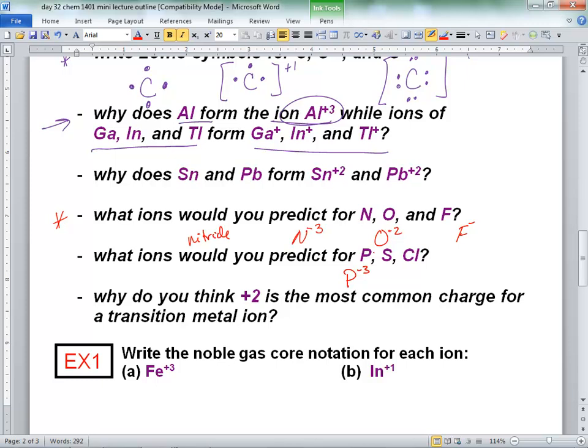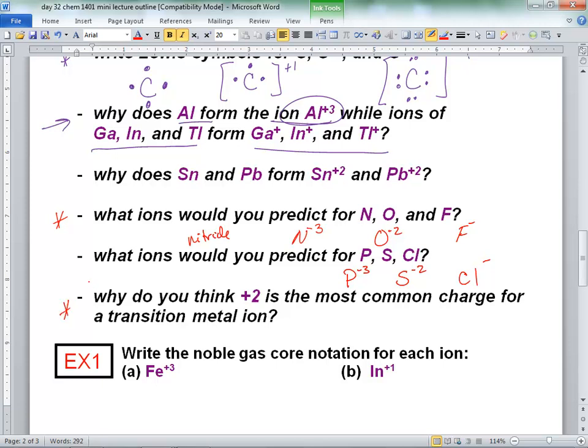And it's called, Jorge, what do you call it? P-3. Phosphide. Phosphide. S, everybody? -2, and it's called sulfide. Cl with a negative, chloride. Okay, so that's just making octets.